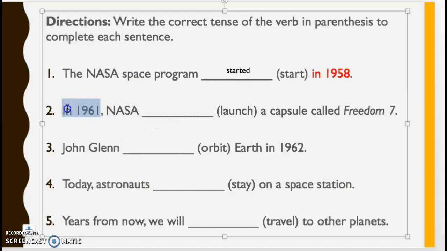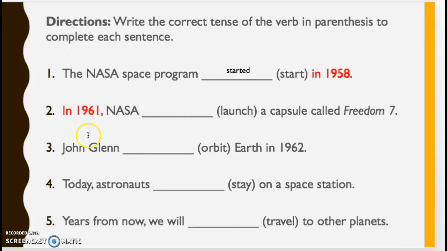If you say in 1961, that is correct. That shows me that it's happening in the past. So that means to take this word launch and make it past tense. What do I need to add, and what would the word be now? If you said to add an ed and make it launched, you are perfectly correct. And then go back and reread the sentence and make sure it makes sense.